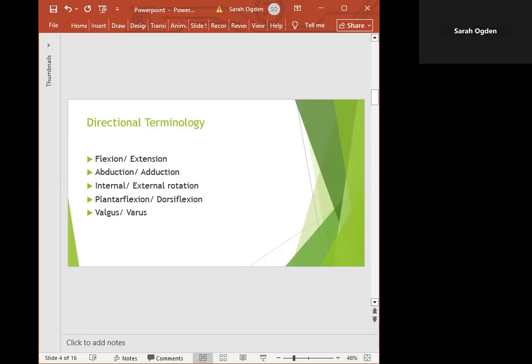Understanding these terms allows us to describe motion accurately and assess how they change in the presence of injury.